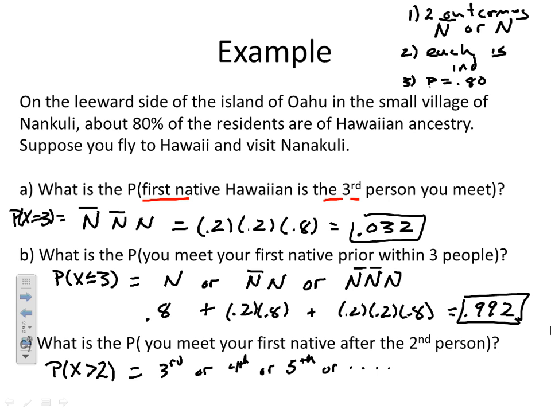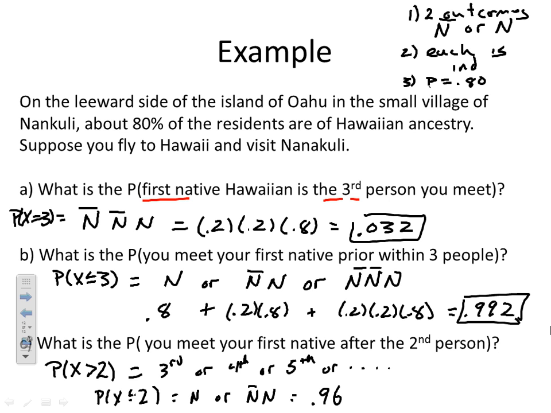So this is where our complement rule is going to be really, really useful for us. If we can figure out the probability that we find somebody in 2 or less, it's going to be this, or not Hawaiian, then Hawaiian, which is 0.96.